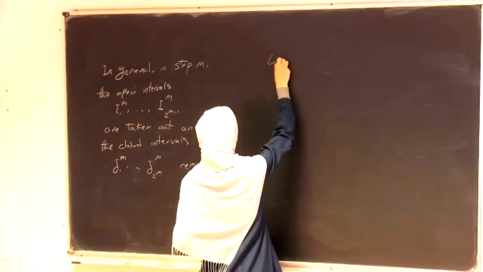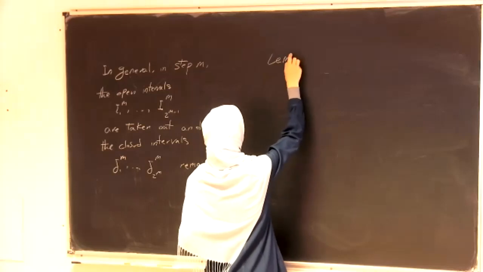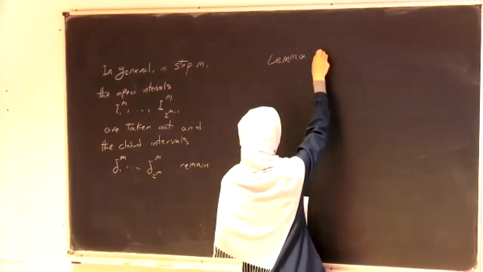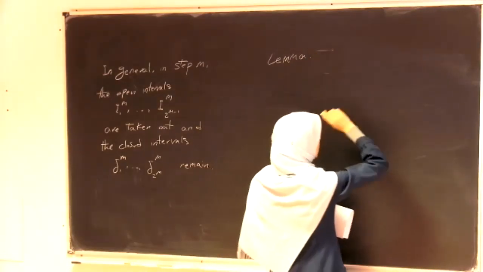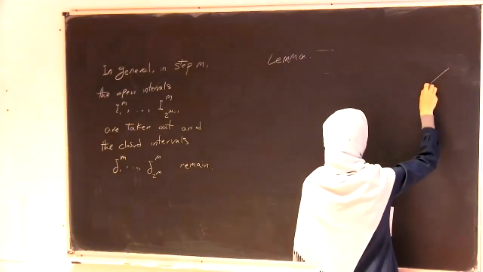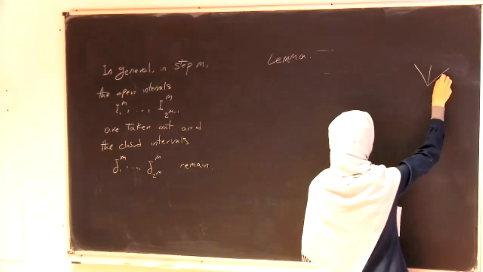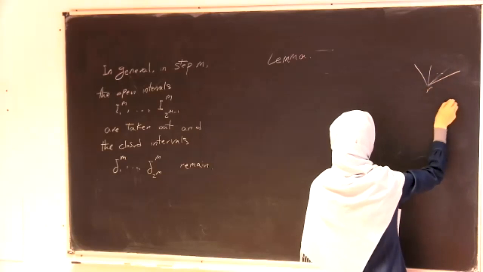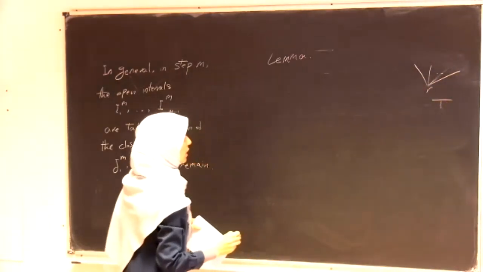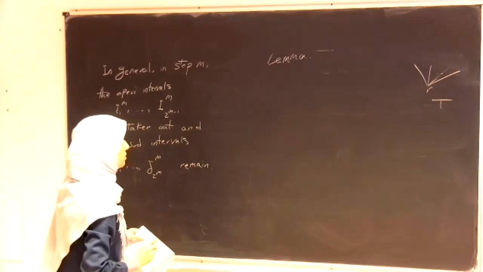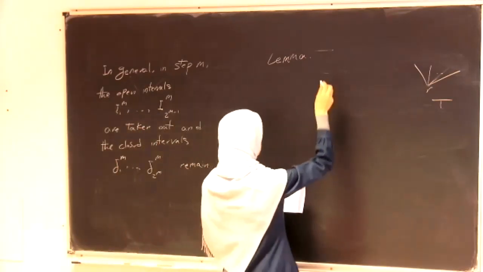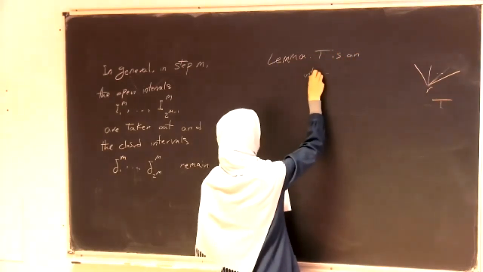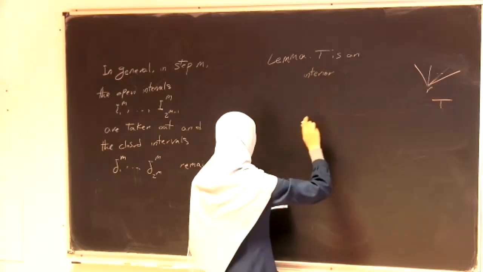Now we can show our first lemma. At the first step, we want to show that if T is any tree of depth 2, then T is an interior image of some open interval.